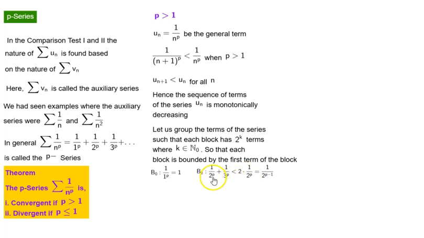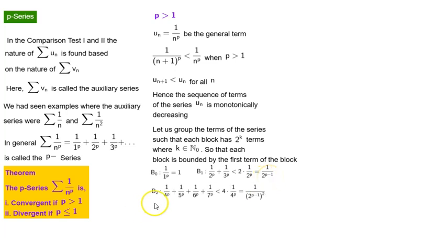So basically what we are doing is substituting the denominators of all the terms in this block by 2 to the power of p, because 2 to the power of p is less than 3 to the power of p, which means this fraction is greater than this fraction. So when we do that, we end up with 1 by 2 to the power of p plus 1 by 2 to the power of p, which means basically 2 times 1 by 2 to the power of p. So this will be less than this.